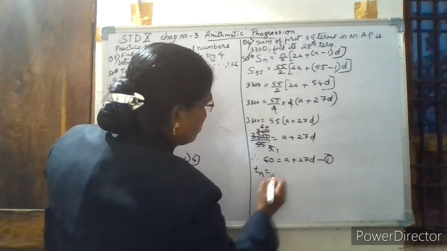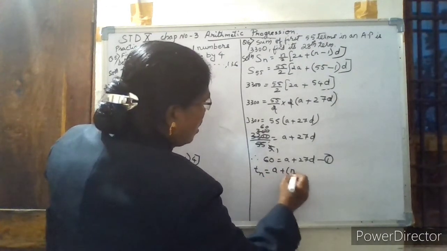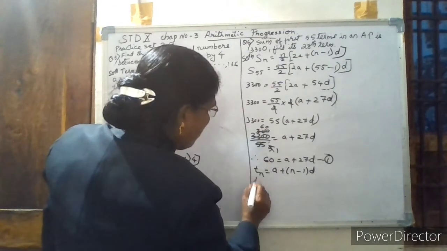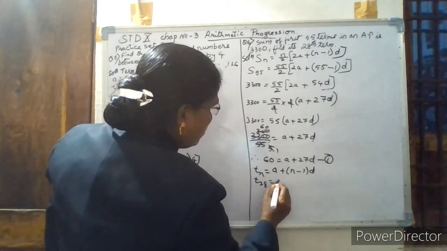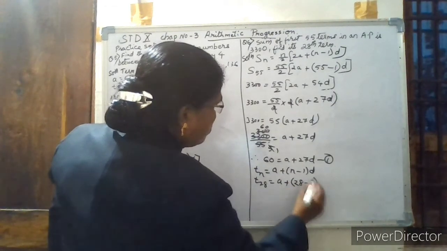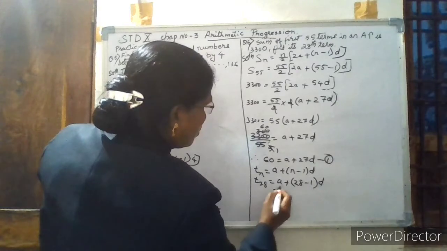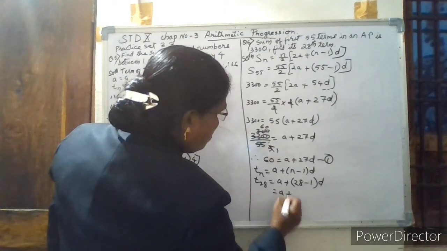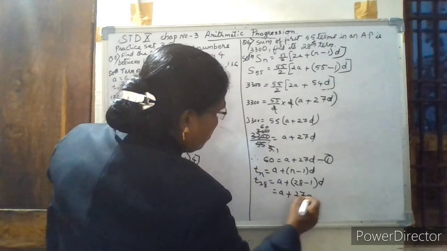The nth term formula is equal to a plus n minus 1 into d. So what is the 28th term? It is equal to a plus n, here 28, minus 1 into d. So the 28th term is equal to a plus 27d.